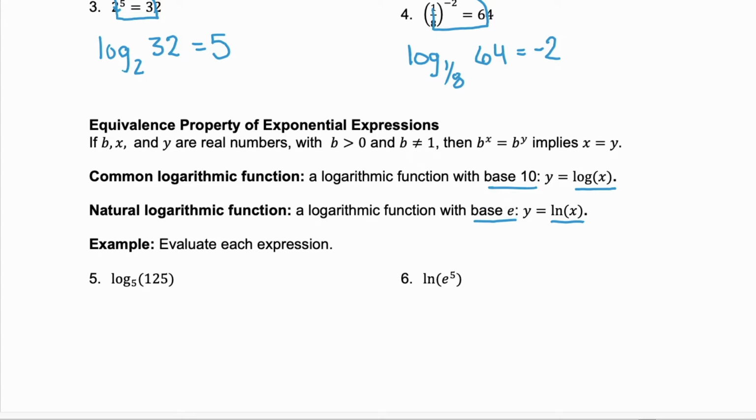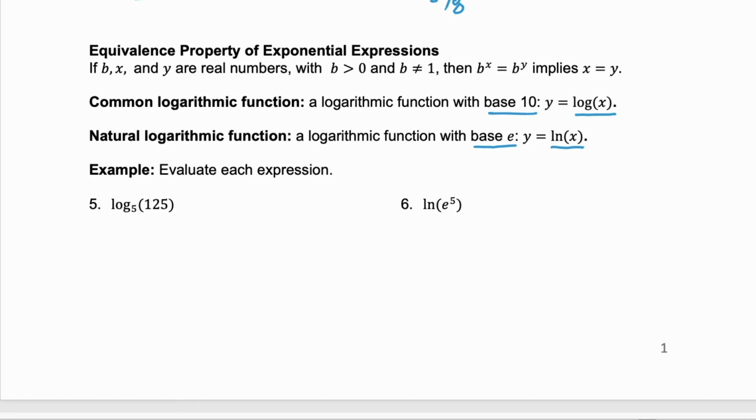In examples 5 and 6, we need to evaluate each expression. To do that, we're going to convert these into exponential form. So remember, we can set this equal to x, and the base of your log is the base of your exponent. And then your exponent is the answer for your log. And the argument of your log is the answer for your exponent.